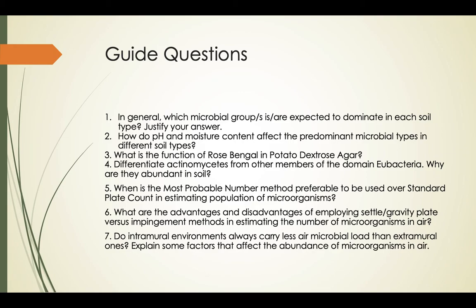In terms of advantage, we expect that both of them have differences. So for the case of settle plate, diba, where we talked about critical surfaces. So they're very applicable if we want to assess how critical surfaces are populated by airborne microbes. On the other hand, we cannot do that with impingement.